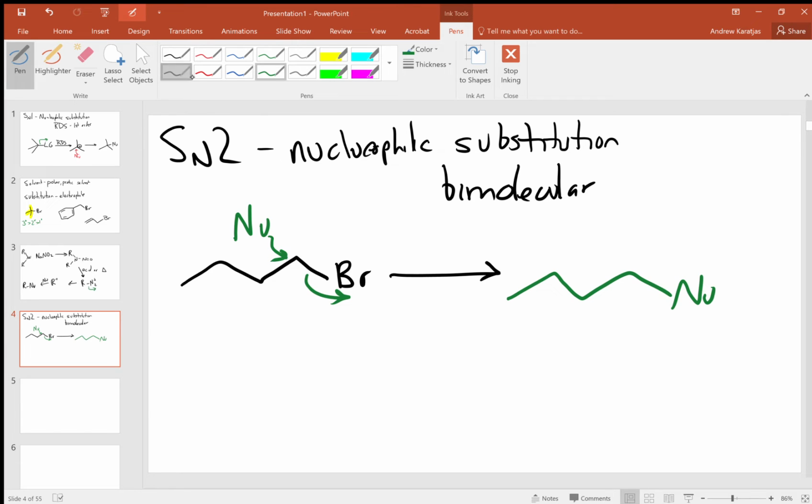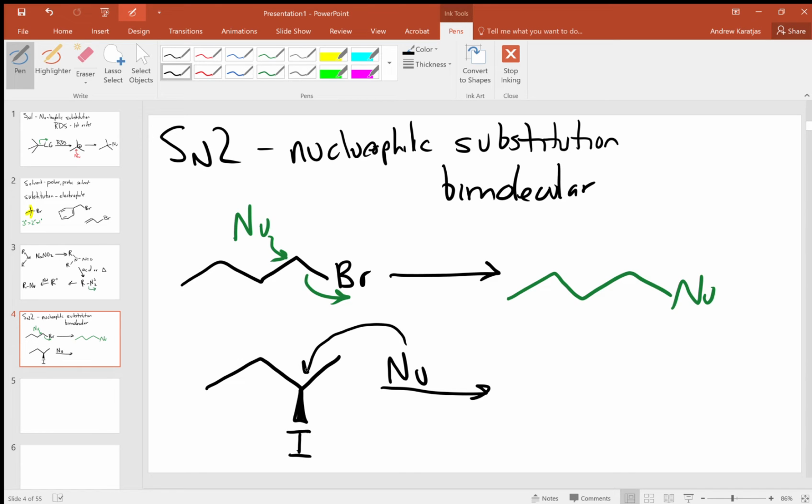Now, this results in an inversion in stereochemistry. So if your starting material, such as the one I'm drawing here, is chiral, then when you add in a nucleophile, that nucleophile has to attack from the opposite face of where the leaving group is.